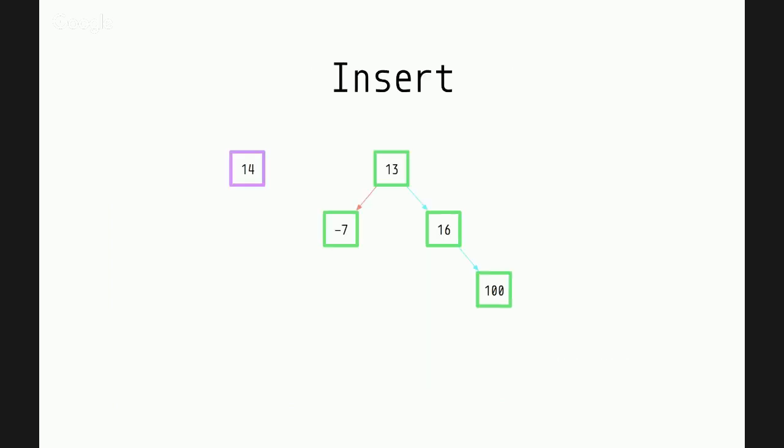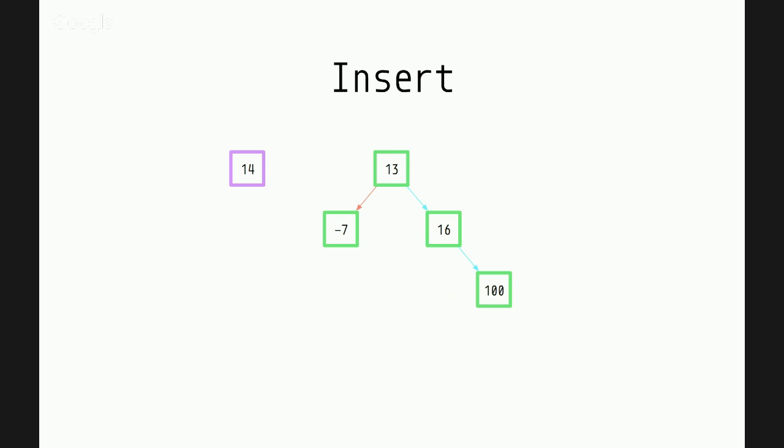So how do we insert this thing into the binary tree that we have? Well, we have to basically traverse the tree in such a way that we can find where to insert it properly in the fastest way.